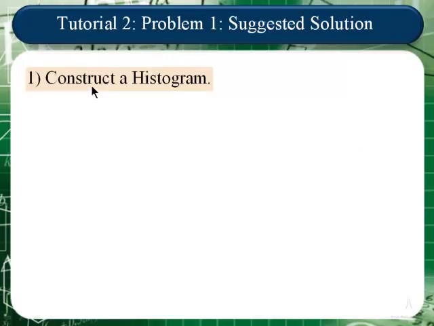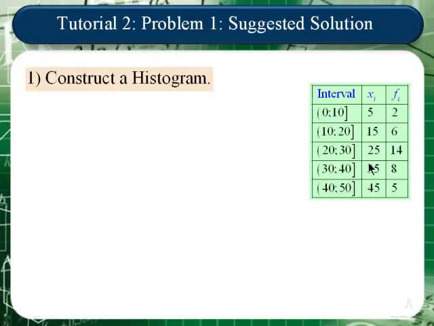Let us look at the suggested solution to problem 1 of tutorial 2. You need to construct a histogram for the given data. So what we do here is we construct 5 columns, where the column width will match the class interval, and the height of the column must match the frequency.